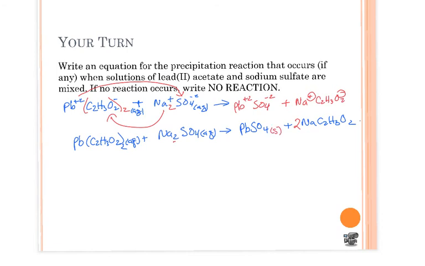And acetates are always aqueous, no matter what they combine with. So there's no exceptions to that. Okay, well, since we have a solid, that means we got a reaction. So great. There is actually a reaction here. And this is our final reaction that is balanced with all of our states written in parentheses afterwards.